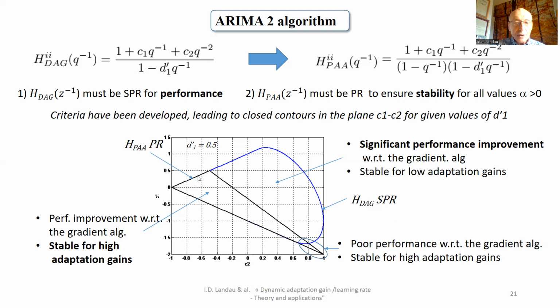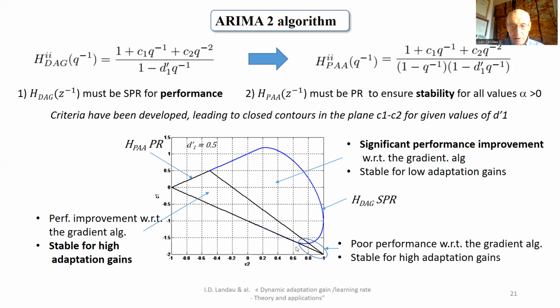The contour in black defines the domain where the embedded adaptation filter is positive real. And we observe here that the intersection is not complete.